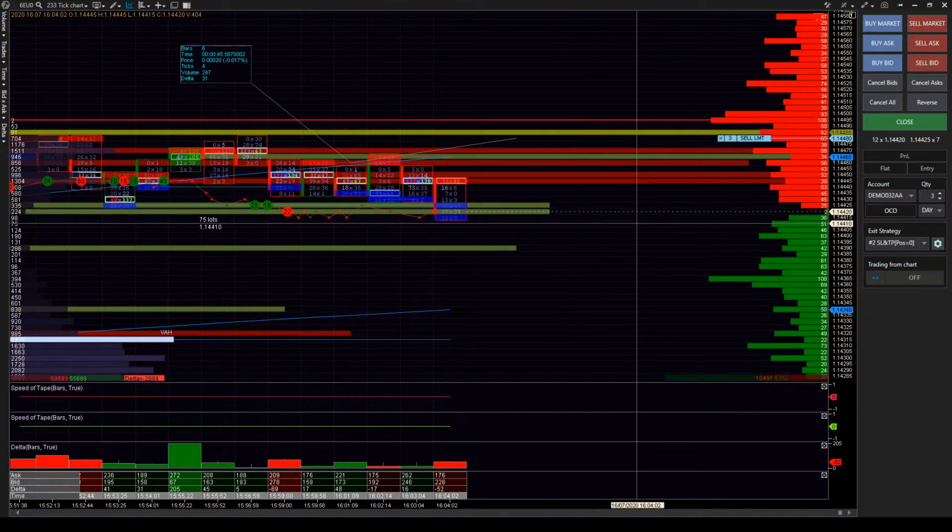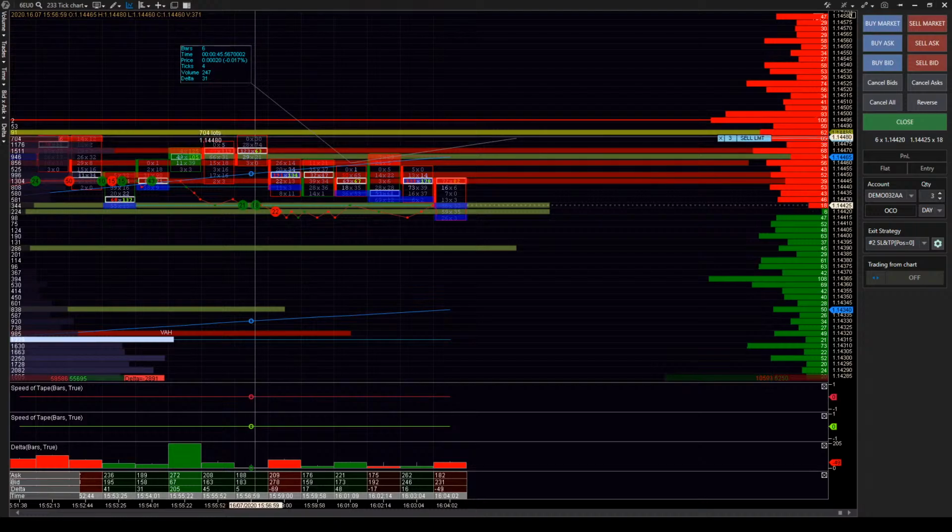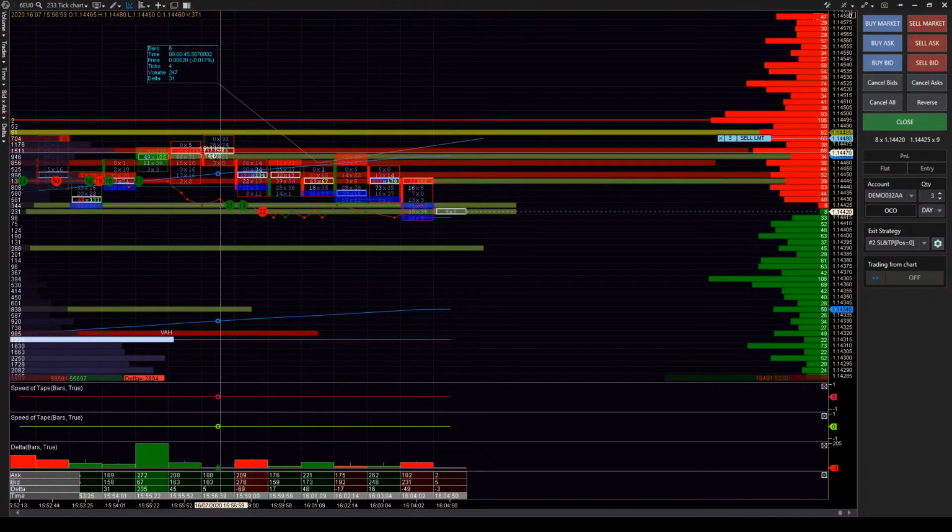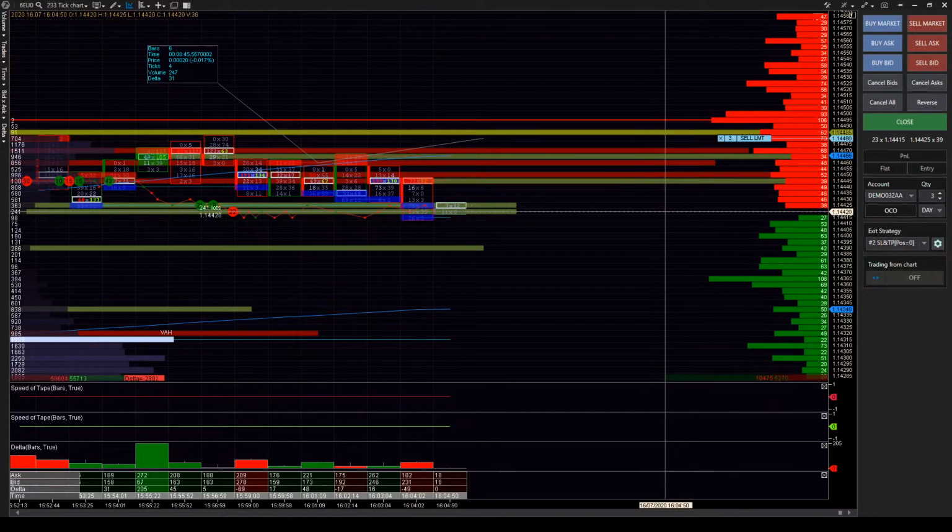But it didn't fill up here. There was zero on this side, so it didn't get us inside the market. But that's fine. This is just for showing purposes, so you can see how the system works and how you can be very precise in your trading.